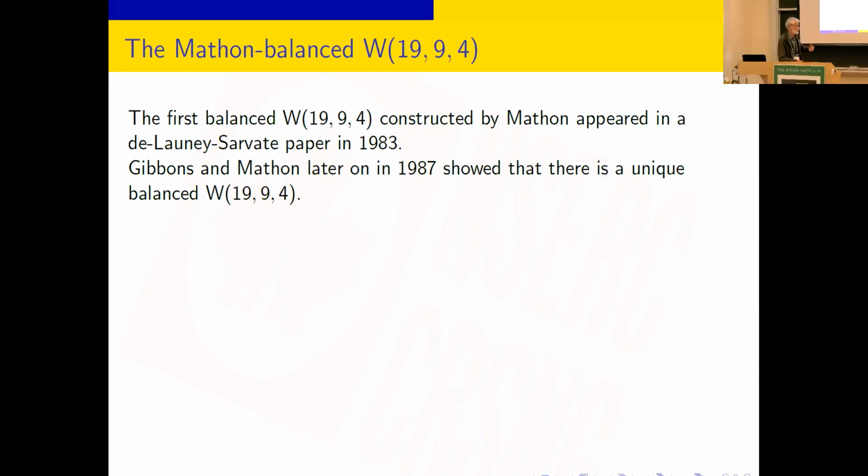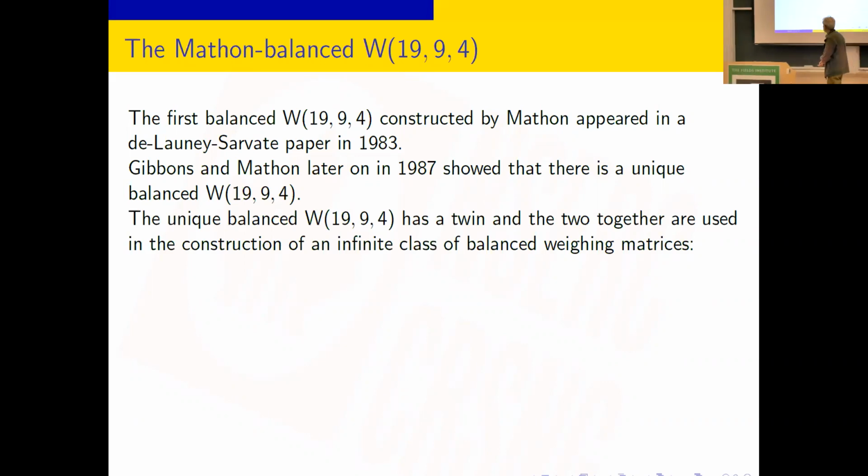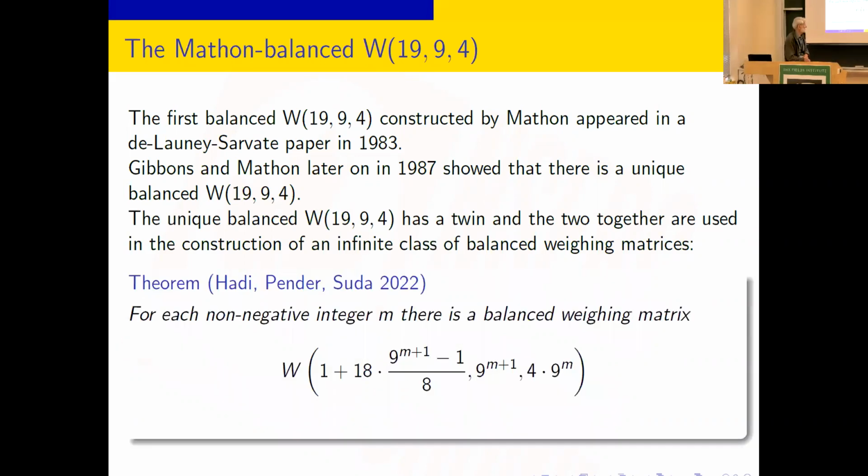Just what happened really, quite luckily, we were able to not only this one, we could actually go from this unique one to an infinite number of balanced weighing matrices. And indeed, this is the infinite class of balanced weighing matrices.